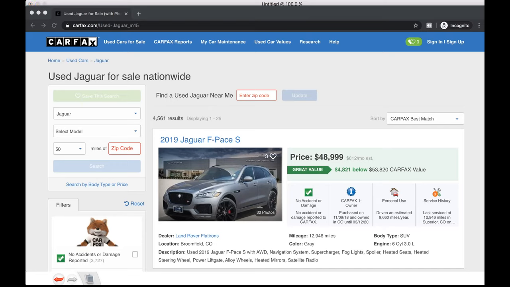Let's say we wanted to compute the sales tax. I know you guys can't see my whiteboard right now, but I'll switch it back in a second. Compute sales tax on the Jaguar car, the F-Pace S, for $48,999.